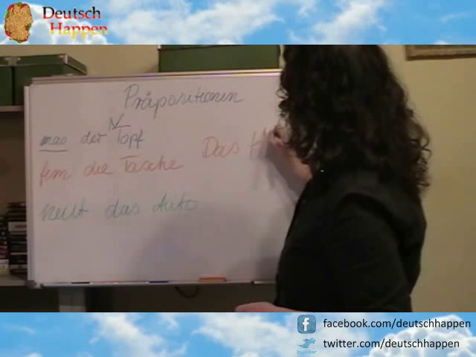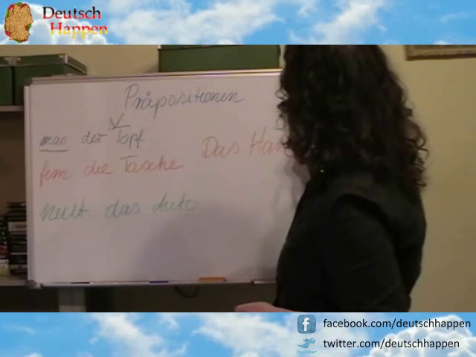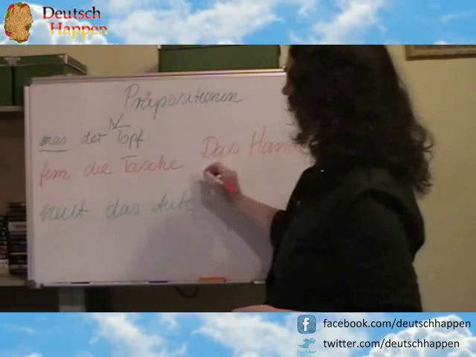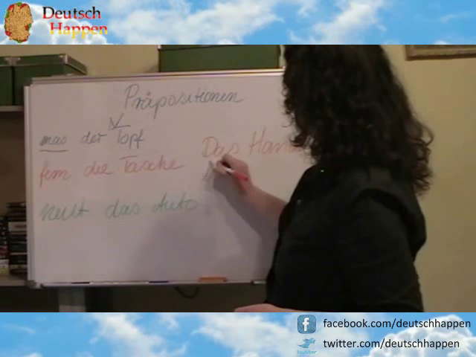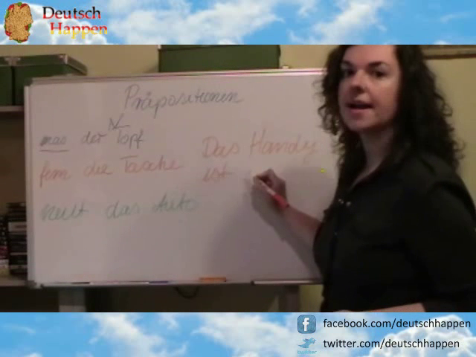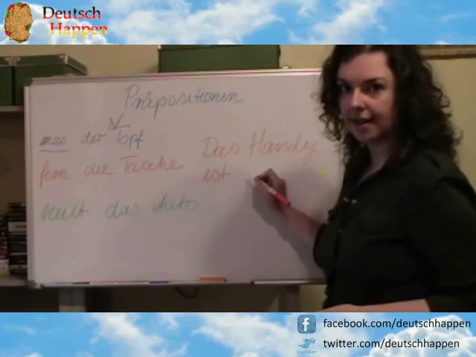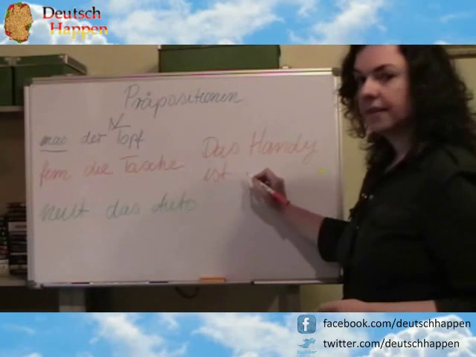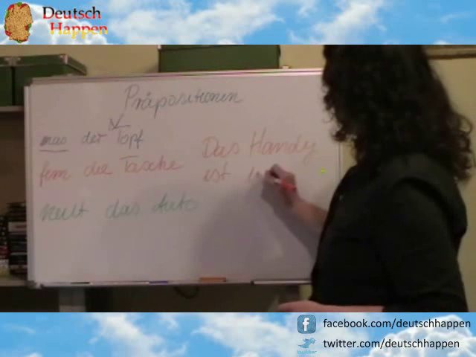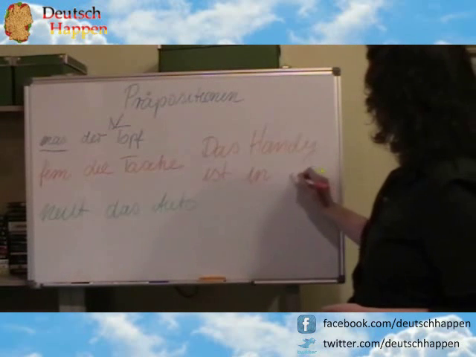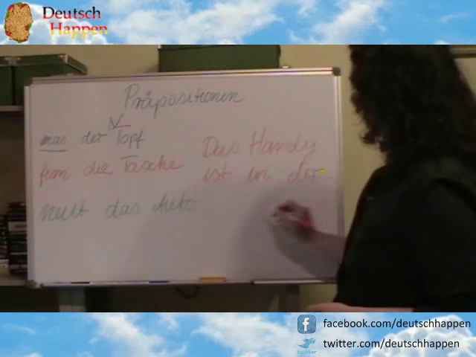Das Handy, my subject, ist where. Now our in comes in again, of course. So once again, dative object ist in der Tasche.